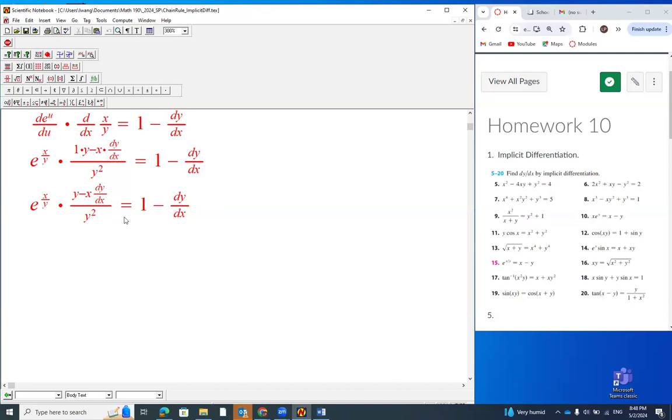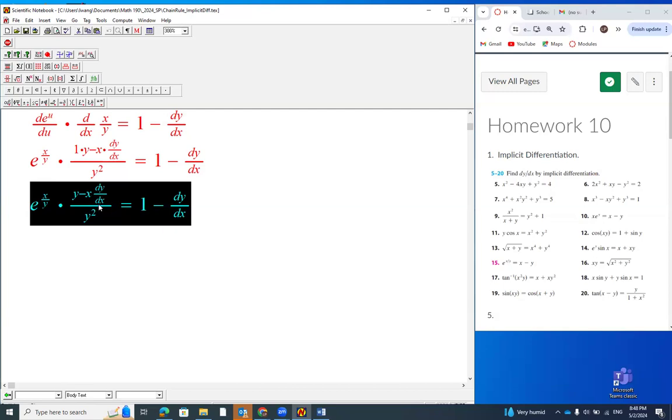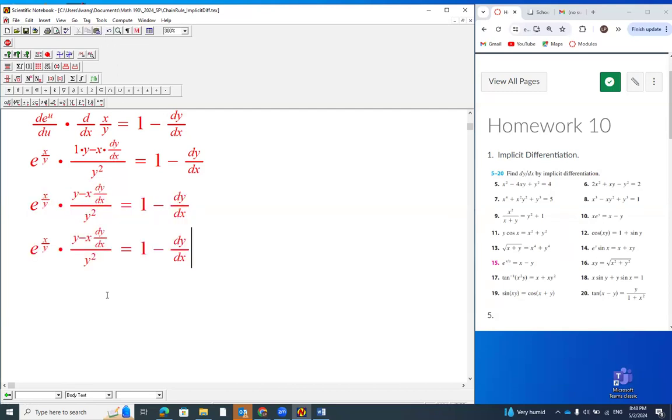One of the ways to do it is to multiply both sides by y squared. So I multiply y squared here, and here, and here.